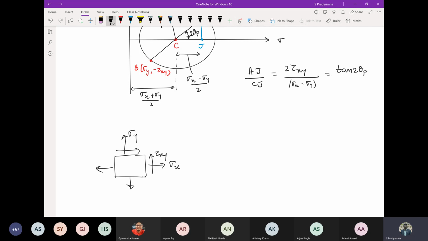Let's say this is my x-axis, this is my y-axis. The principal direction or any particular direction I am interested in, I just draw, because I want to find out what is in this direction. This is capital X, this is capital Y.